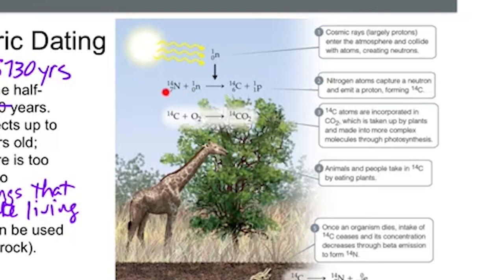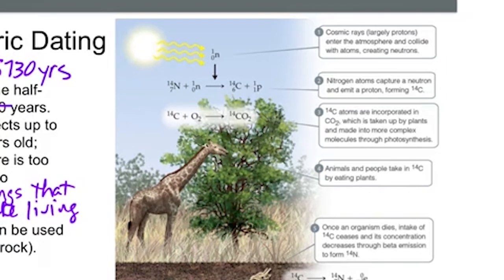Those neutrons then collide with nitrogen-14 to produce carbon-14 and a proton. This carbon-14 can combine with oxygen to create carbon dioxide, and as we know, plants use carbon dioxide in photosynthesis, and then animals can take in that carbon dioxide through eating plants, and other animals that don't eat plants will eat the animals that had the carbon-14, etc.